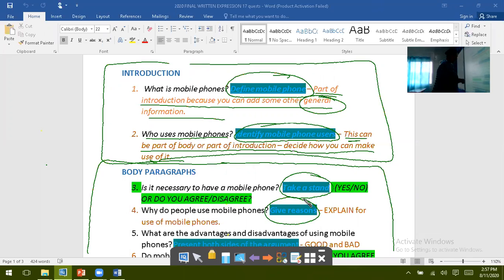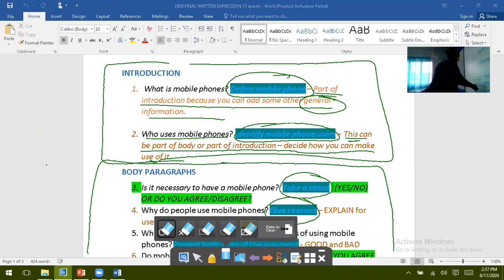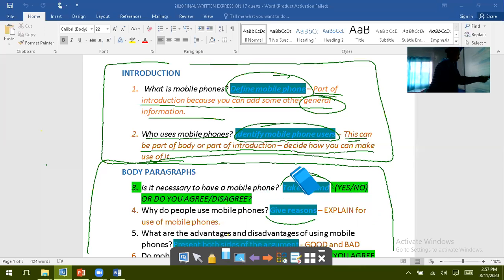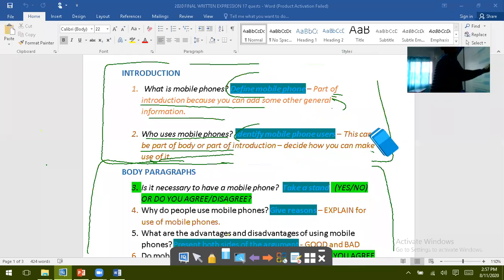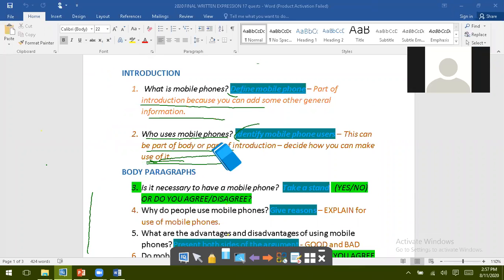When you do that highlighting, what you're doing is an analysis of the questions. You will be able to identify which direction the question is going. All right? So I will present a video on this one, but it might be too late already. But you will know what to do. Any issue, any problem?